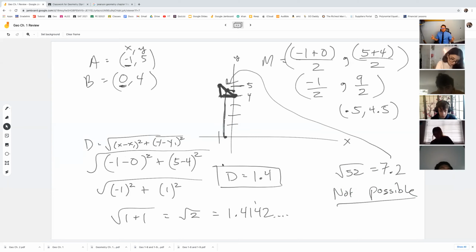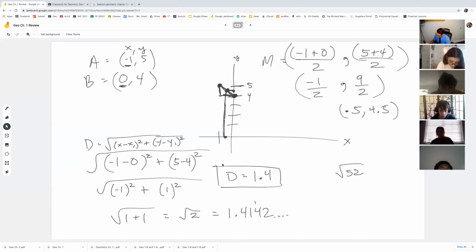This is why you have to check your answers to see if they make sense. When I looked back, I realized that I did -1 minus 5, meaning I did x minus y, but the formula is x minus x. Very important to learn when you make a mistake and to catch yourself so that you can correct yourself. Okay? Continuing on.